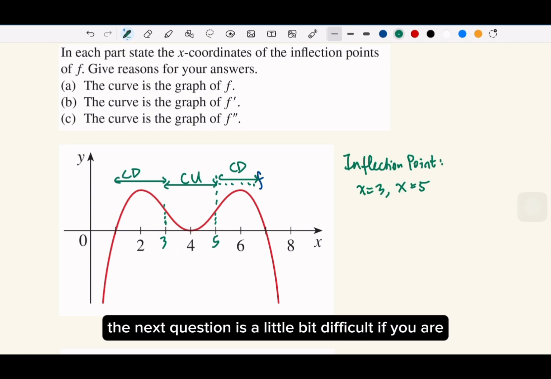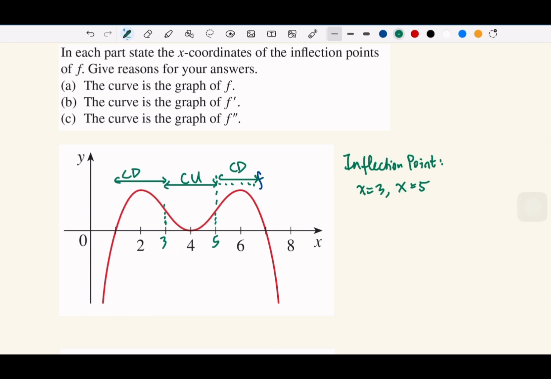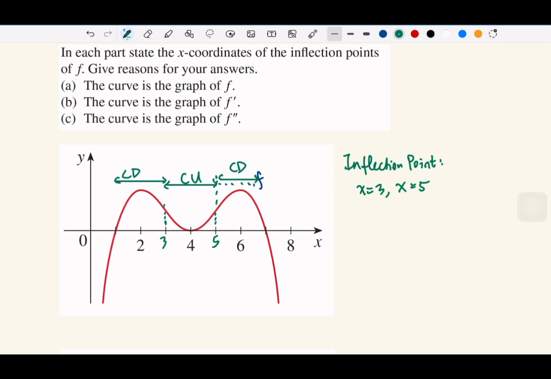Now the next two questions are a little bit difficult if you cannot separate which one is a function and which one is the first derivative. Okay? So let's imagine the f here, we change to f prime.